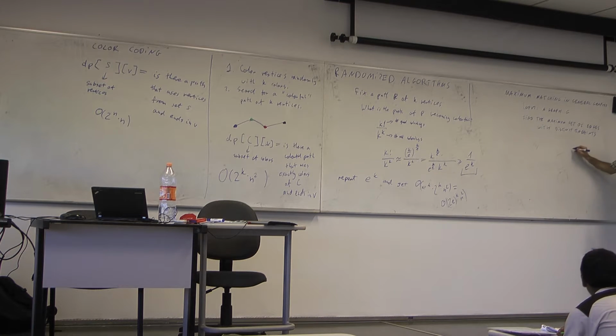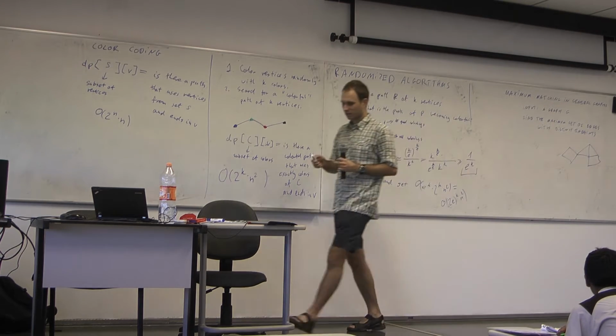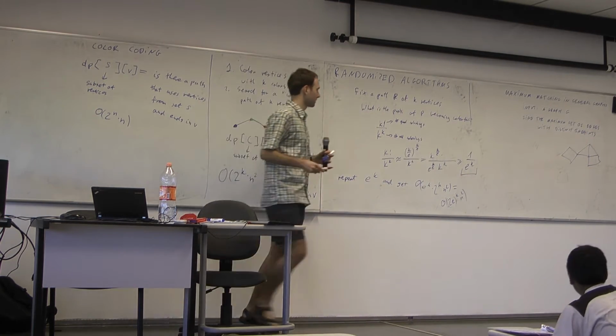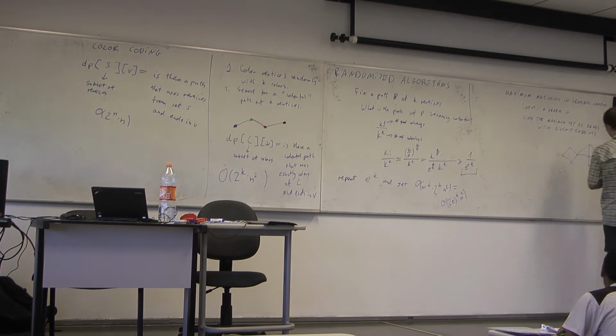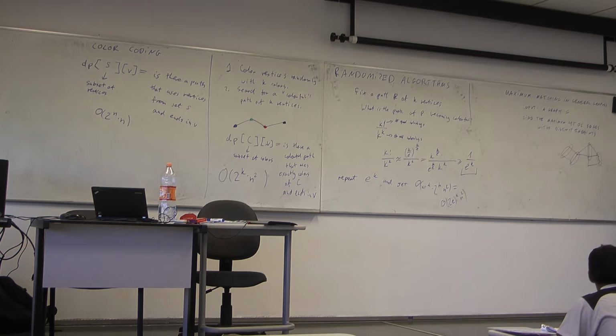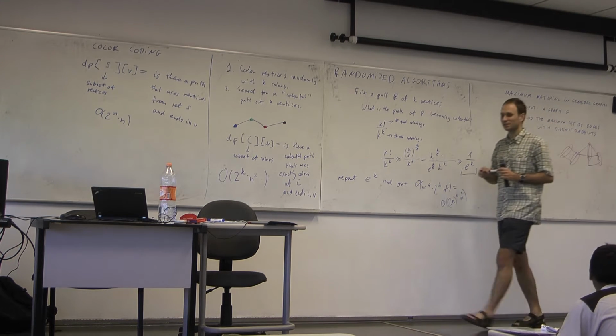In other words, in a graph, we want to connect as many vertices as possible in pairs using edges, right? So a sample matching would be something like this. You want to find the biggest set of edges so that no two edges have a common endpoint. And this problem has a polynomial solution, but the problem with the solution is that it's quite hard.